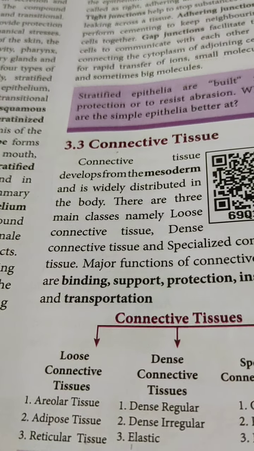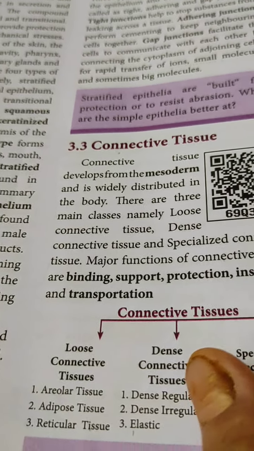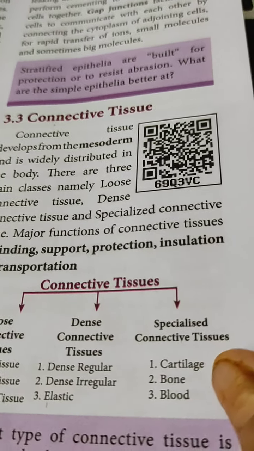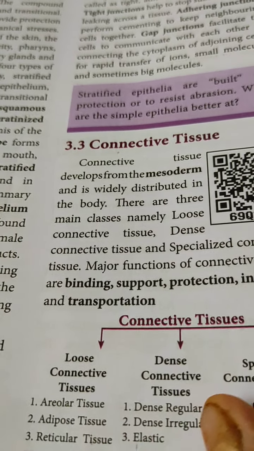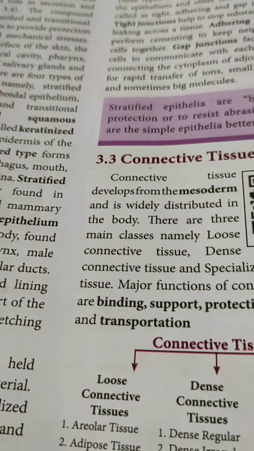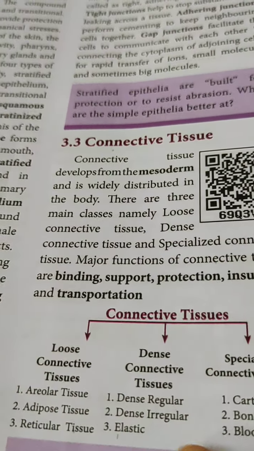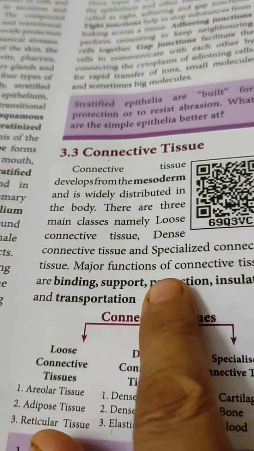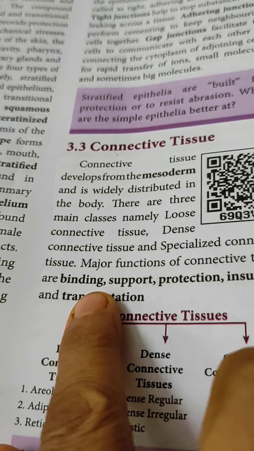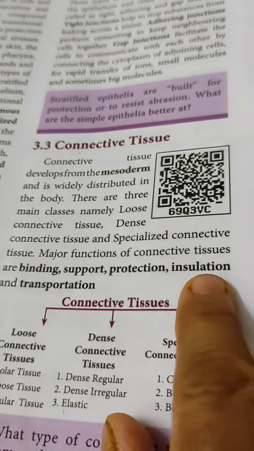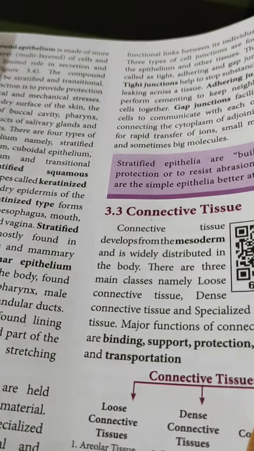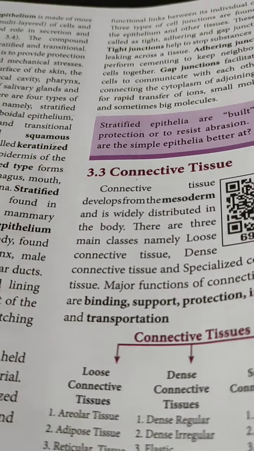Connective tissue is of three different types: loose connective tissue, dense connective tissue, and the third type is called specialized connective tissue. Whatever tissues they are, their main function is to bind. Major functions of connective tissues are binding, support, protection, insulation, and transportation. Now examples.